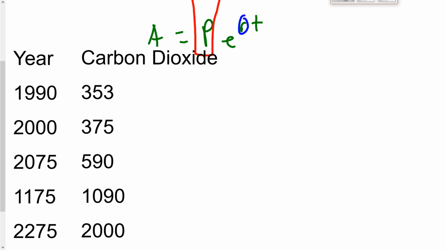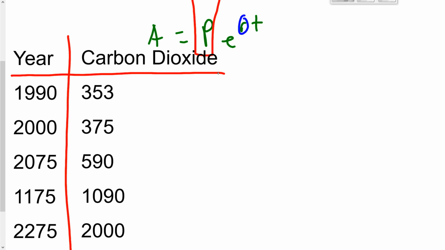Okay, so in this data you have your years and you have your carbon dioxide levels. This is data from the past several years to indicate the future amounts of carbon dioxide in the atmosphere, and we're estimating the carbon dioxide in the atmosphere.